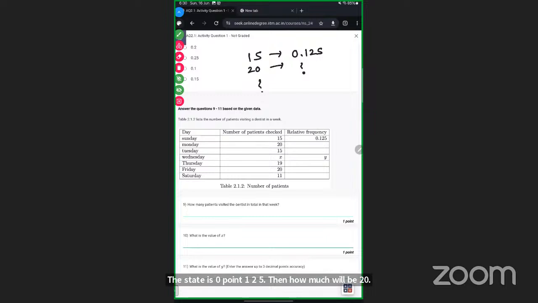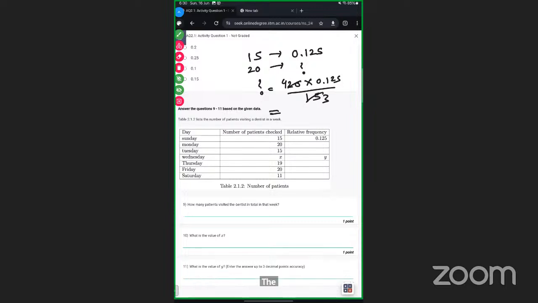So to find that, you multiply 20 into 0.125 and divide by 15. Something like this you can do. You can use a calculator.